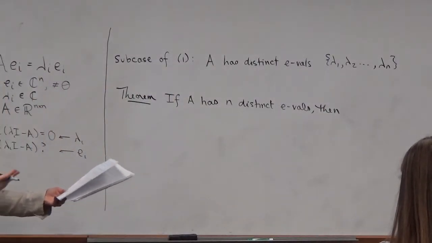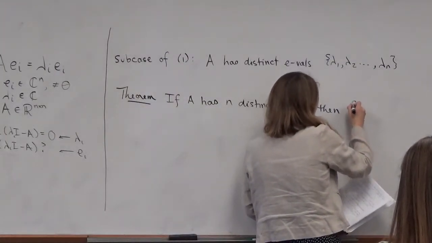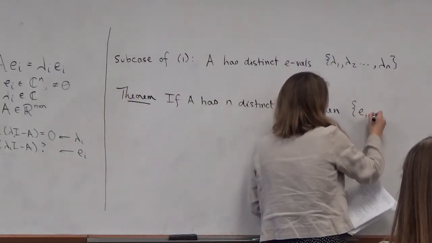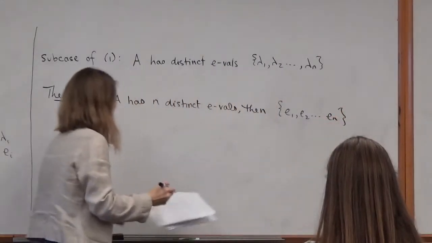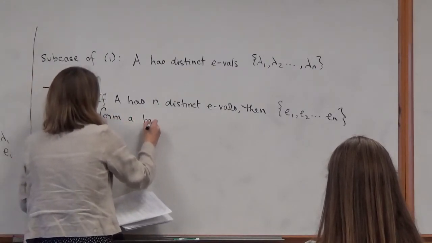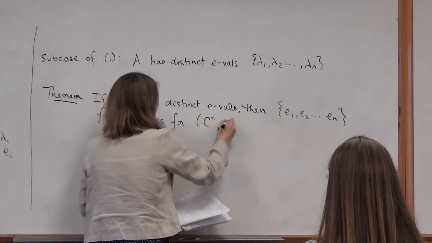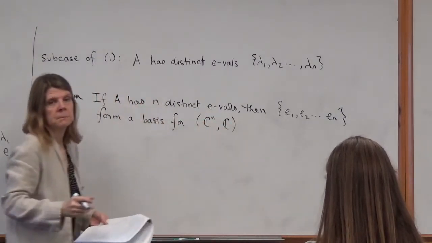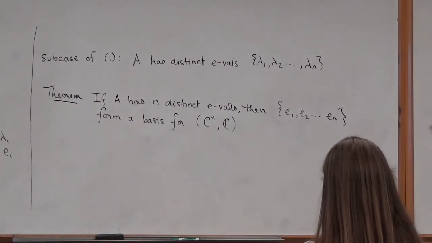The way it's posed in the statement of the theorem is that the corresponding eigenvectors e_1, e_2, up to e_n form a basis for C^n, the vector space C^n over the field. There are n of them, they span the space C^n, and they're also linearly independent when we say they form a basis.